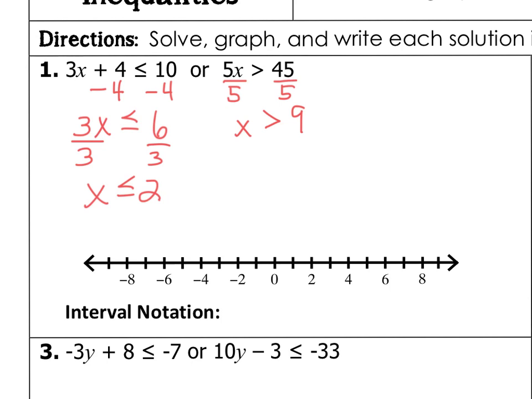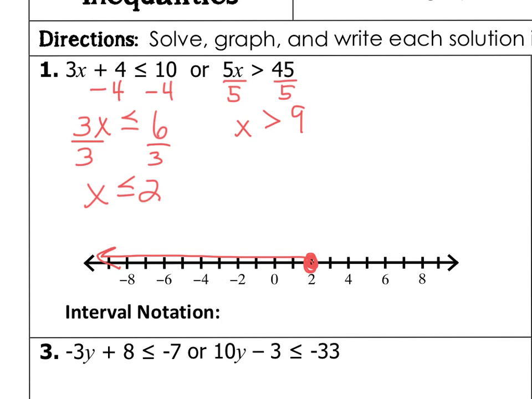But let's go ahead and graph this first part. So x is less than or equal to 2, so we're going to put a closed circle at 2, and we are going to point the arrow in the less than direction. Okay, so it's less than or equal to 2, or it can be greater than 9.